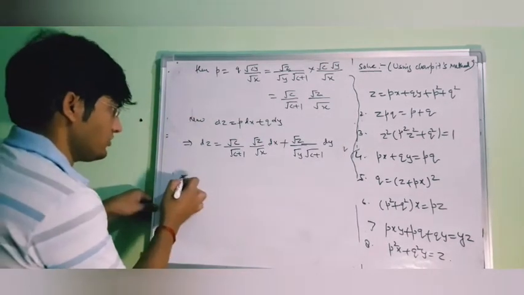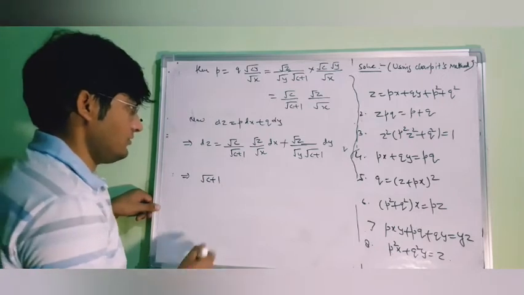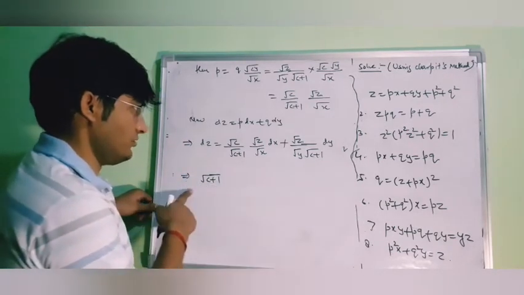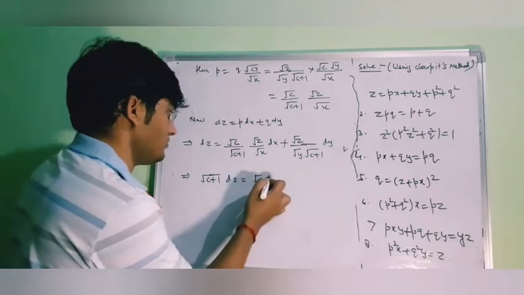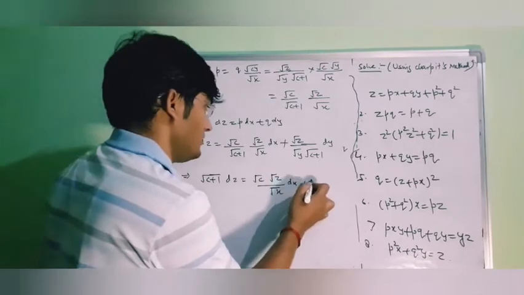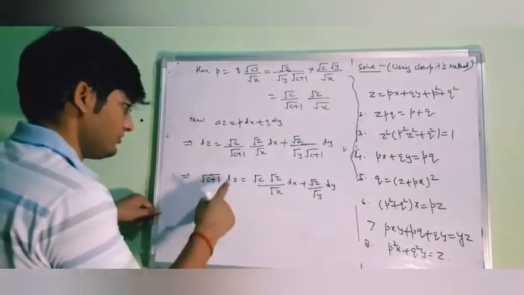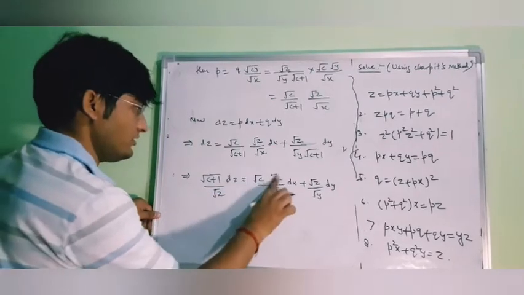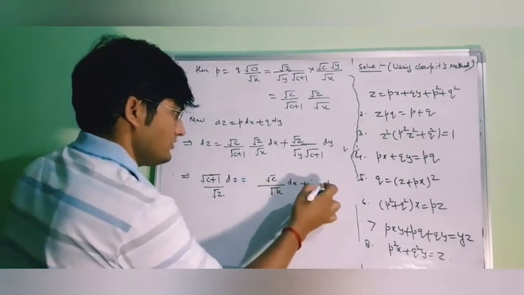So here you consider your root c plus 1 is constant, so we can take it on the left hand side, and the right hand side we have root c into root z upon root x dx plus root z upon root y dy. We can also divide this equation by root z. So if we divide this equation by root z, we will get this term.